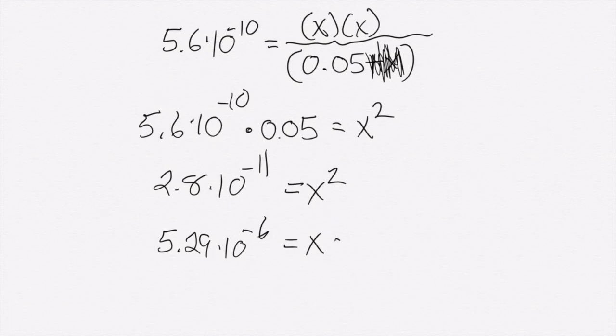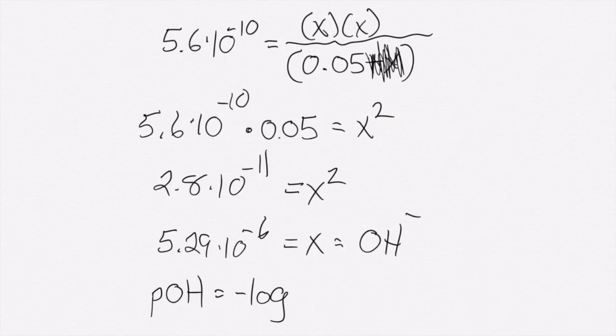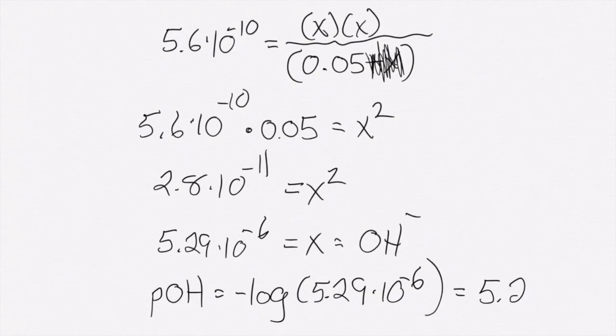So this is the same as the OH minus concentration. Well, to get to pH, we have to go through pOH. So to find pOH, that's just the negative log of our OH molarity, in this case 5.29 times 10 to the minus 6. And we find the pOH is equal to 5.27.